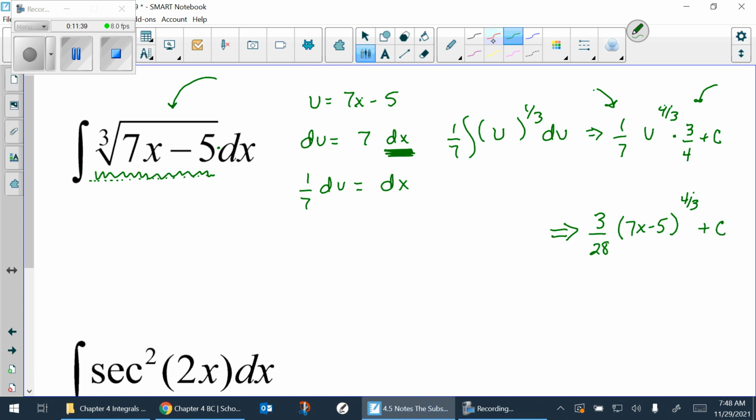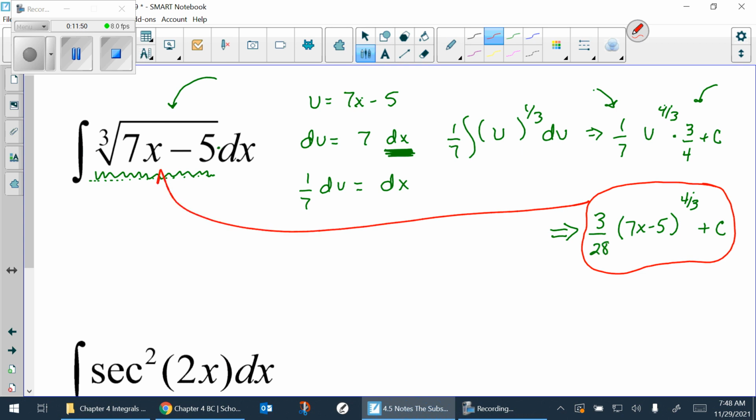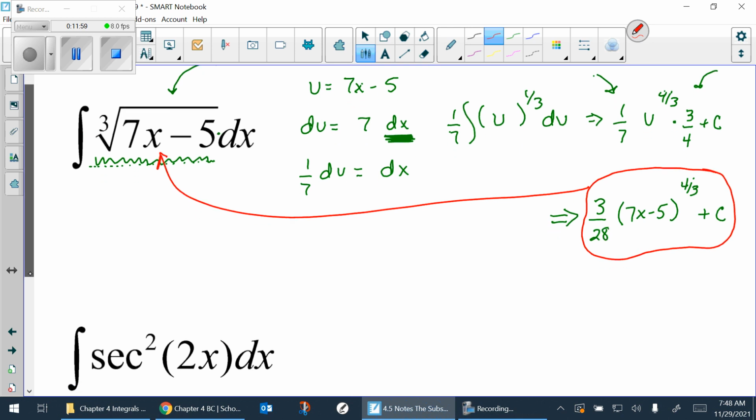And I do believe that if I took the derivative of this, I'd get this term over here. Kind of interesting to see. I'm not going to take the time. Why don't you check it out and see if I'm right on that.